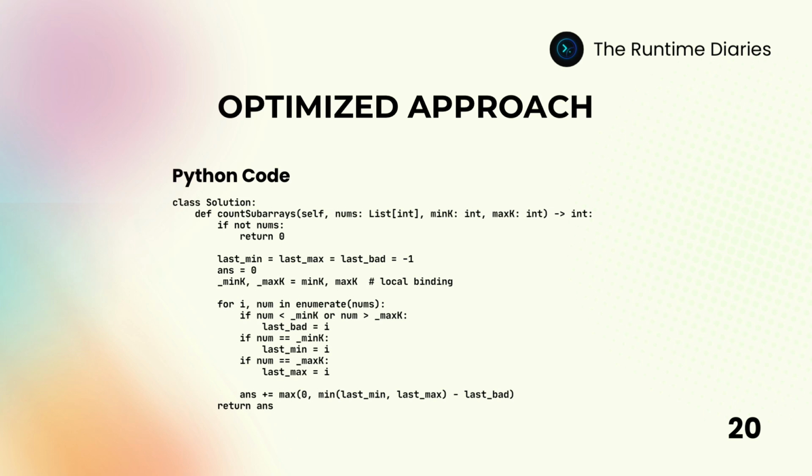If nums[i] equals minK, update last_min to i. If nums[i] equals maxK, update last_max to i. Then add max of 0 and min of last_min and last_max minus last_bad to ans. That's it. This is O(n) time and extremely efficient.